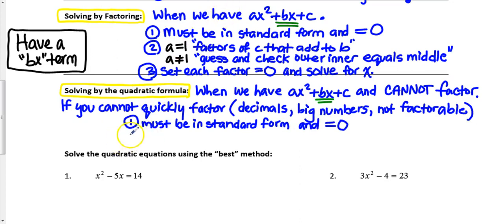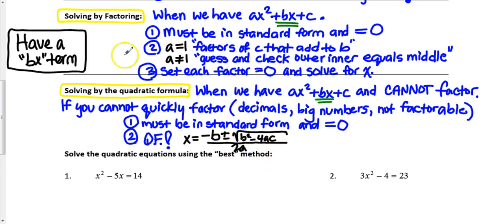And then step 2, quadratic formula, which is x equals negative b plus or minus the square root of b squared minus 4ac, all divided by 2a.